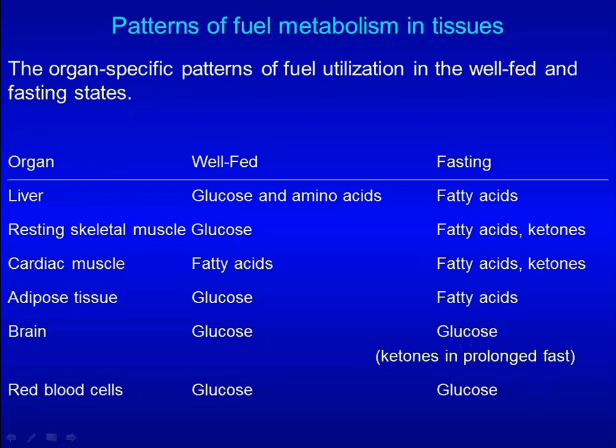Red blood cells do not have mitochondria and depend on glucose. Although the brain prefers glucose, during starvation, it has to use ketone bodies for some of its energy needs. Skeletal muscle and cardiac muscle can use both fatty acids and ketone bodies.